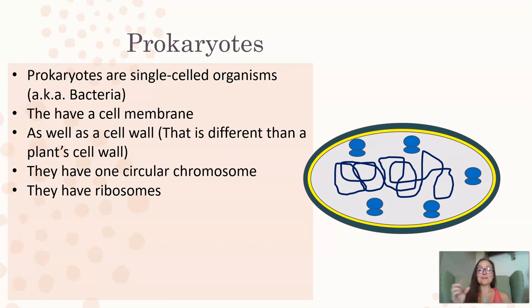However, their ribosomes are a slightly different size, but they serve the same function. So when we say prokaryotes do not have organelles, what is more accurate to say is prokaryotes do not have membrane-bound organelles, like a Golgi or a mitochondria or a lysosome. But they do have ribosomes for protein synthesis.